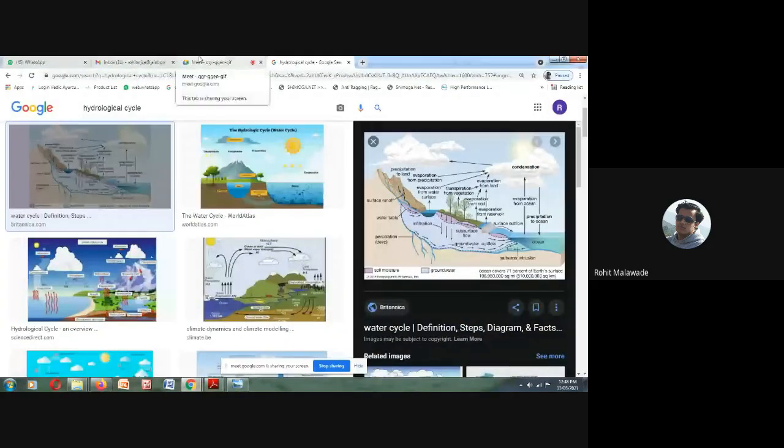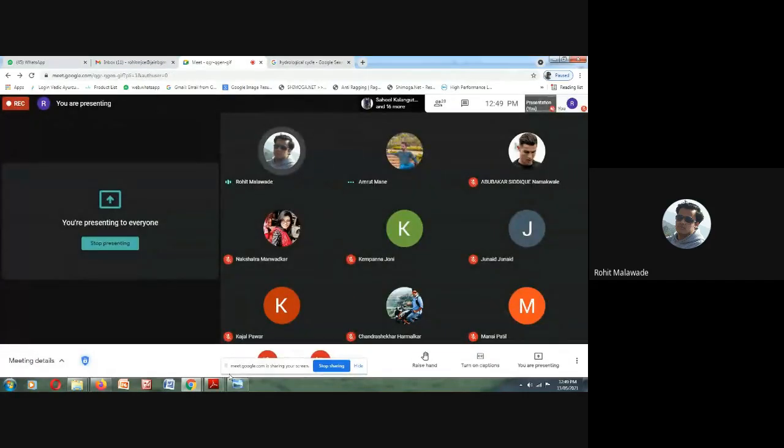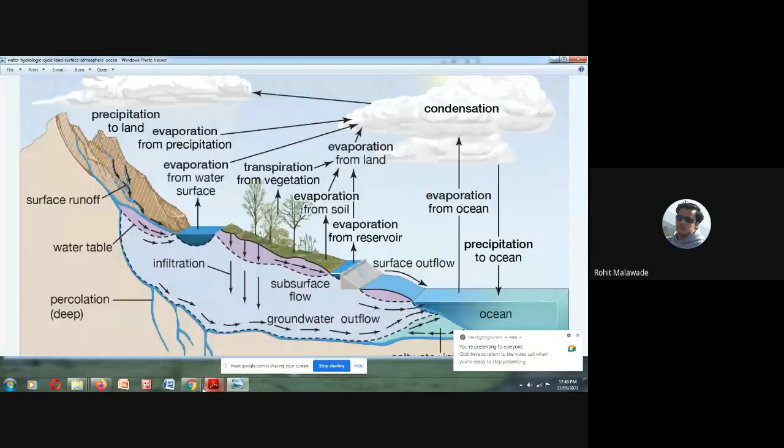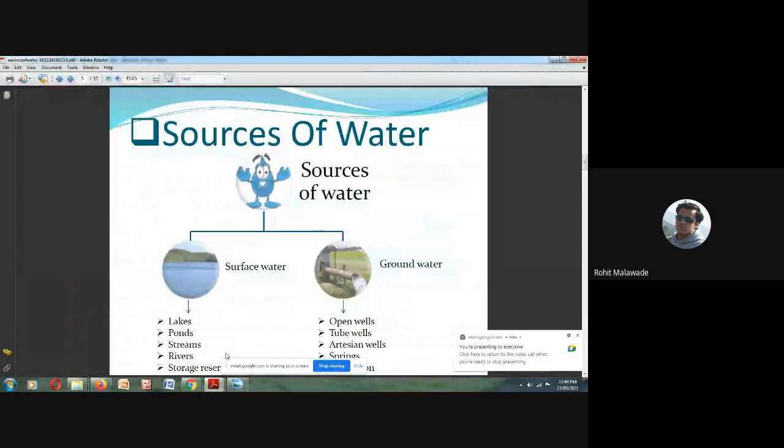Now we will see some of the other important factors with regard to drinking water. Directly we will come to the sources of water. As I have told, we have two sources of drinking water available. One is the surface water, the water which flows on the ground level.